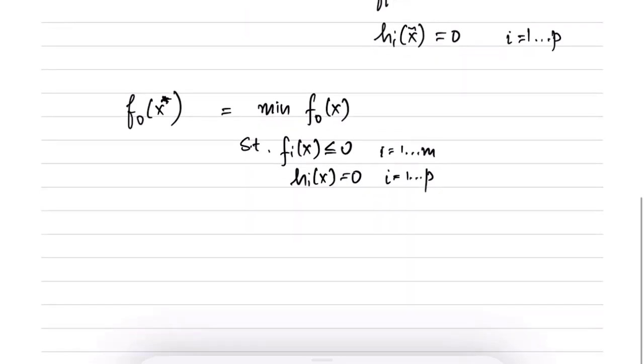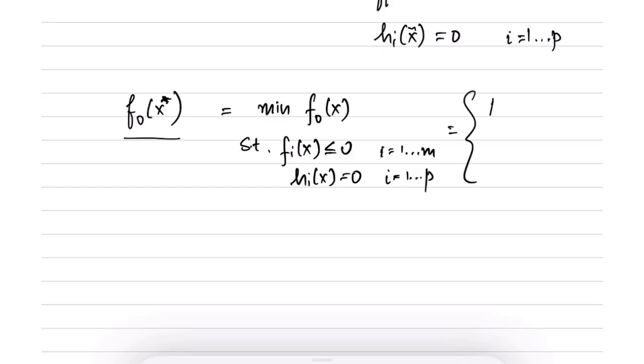Now, if you remember, we said earlier that in the context of convex optimization, we will often define values over the extended real line. So in this case also, we can define f naught of x star as taking values over the extended real line, which means taking values including infinity and minus infinity. So we define it like this.